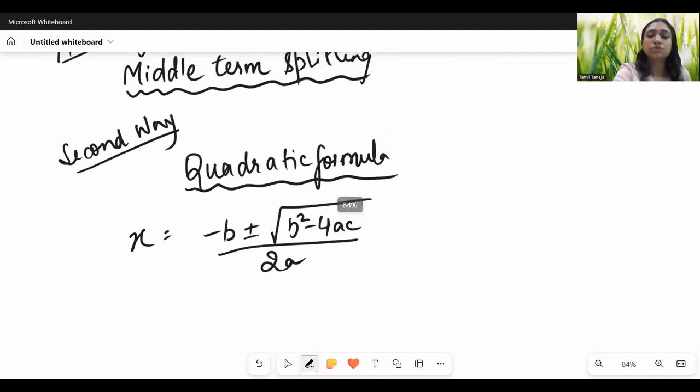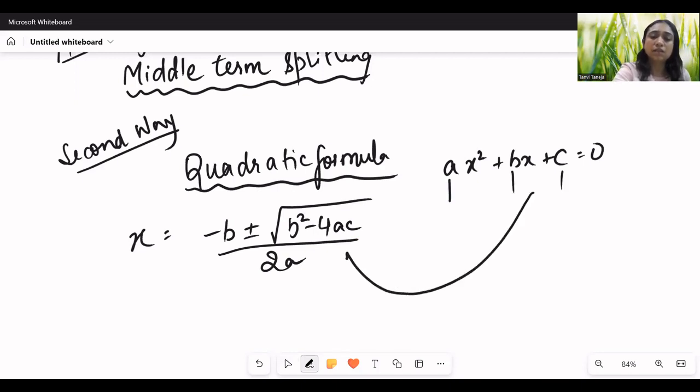So once again, I'm going to write the quadratic equation. This is a quadratic equation. Now, if you can identify what a, b, and c are, you can directly put them into this formula and find the value of the roots of the quadratic equation.